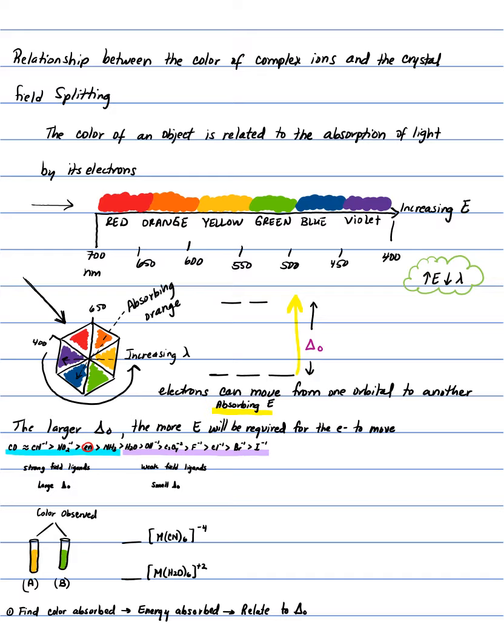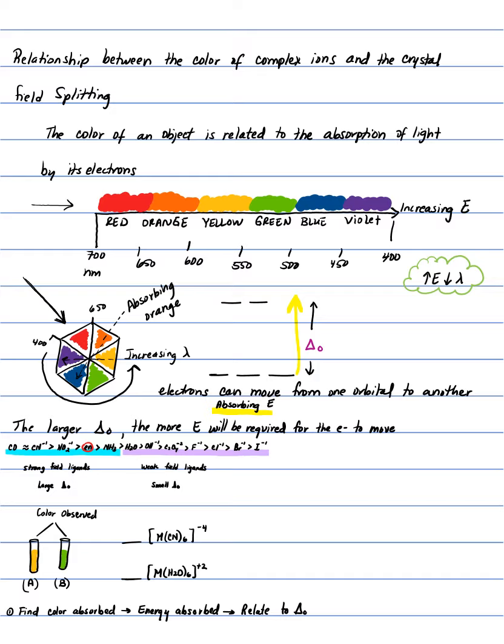So that's how we use this hexagon here. Depending on the color that you get to observe, you can find out the wavelength range that that solution will be absorbing.